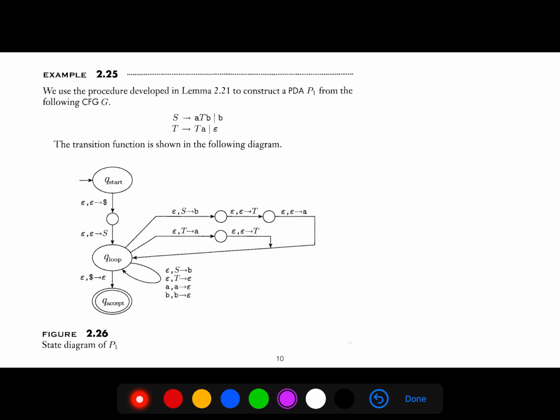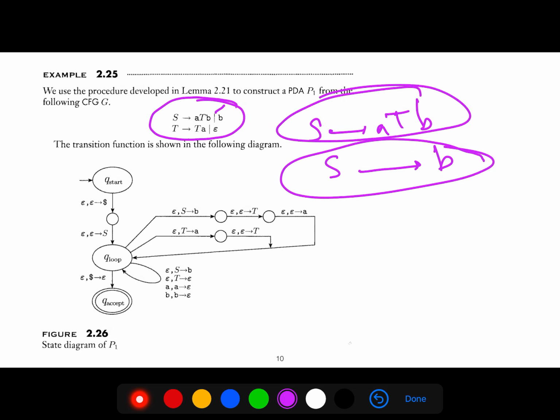And so this is an example. The transition function is shown. We have two rows. And so here, this is OR. For example, it says S goes to ATB, or you can use another rule, S goes immediately to B. And because we have different rules, non-determinism comes from these things, because different combinations can happen, and that's why it is non-deterministic.